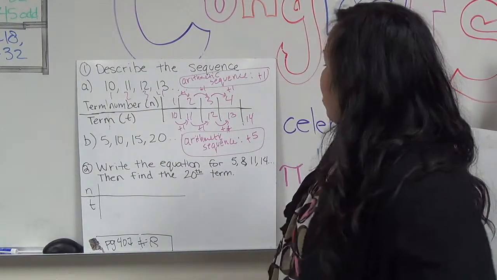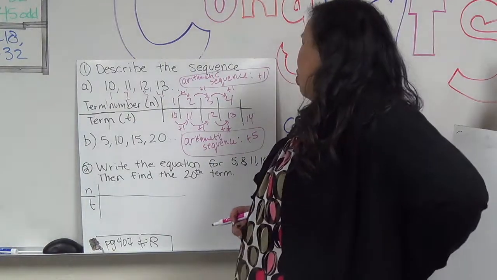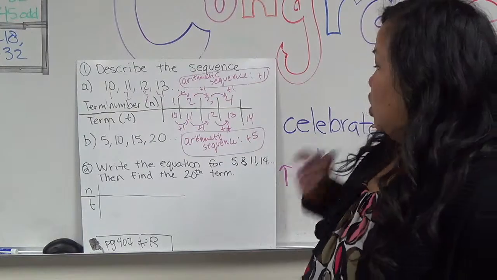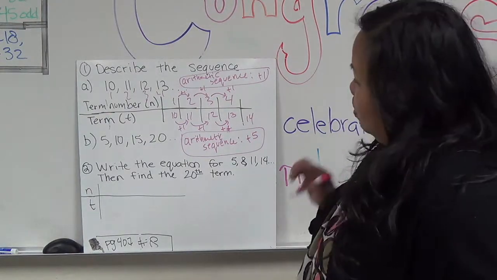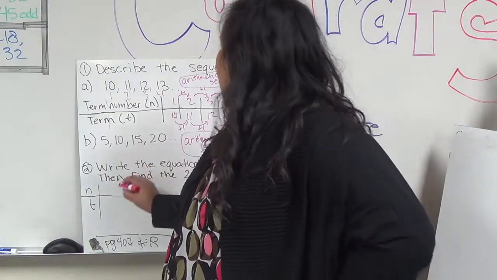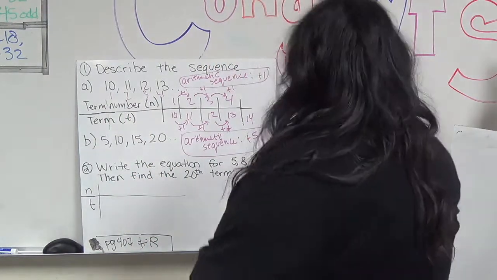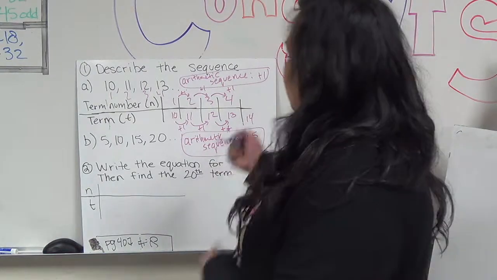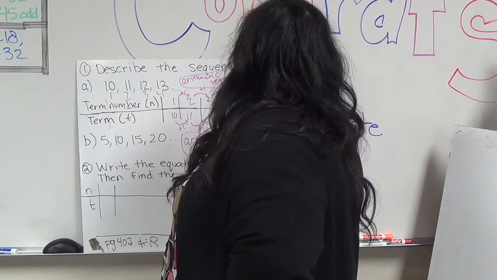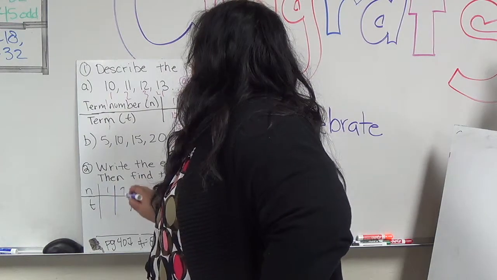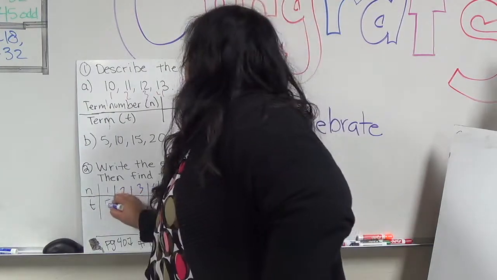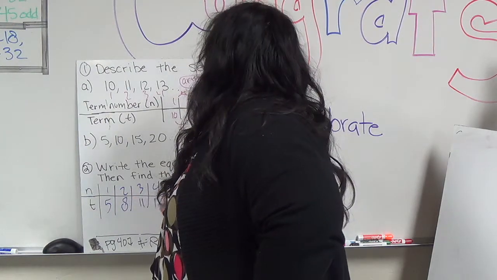The next one is: write the equation for 5, 8, 11, and 14, then find the 20th term. So now I'm looking for an equation, okay? Let's look at N. N again is the term number, so this is my first, second, third, and fourth, which is 5, 8, 11, and 14.